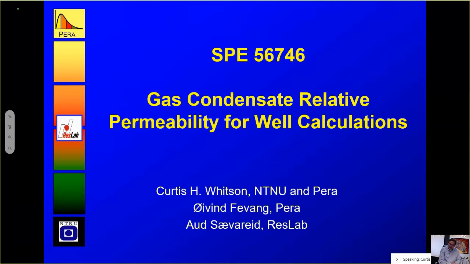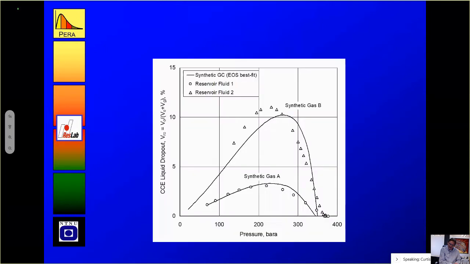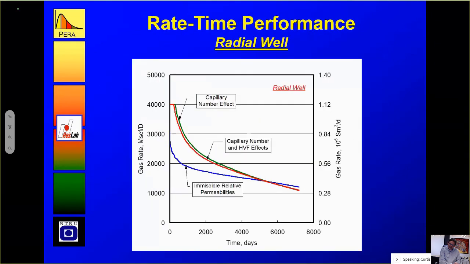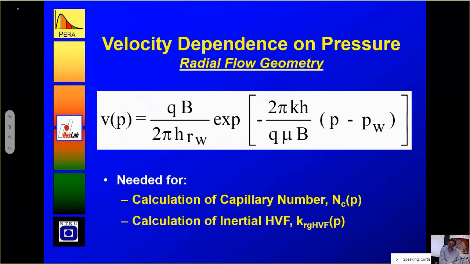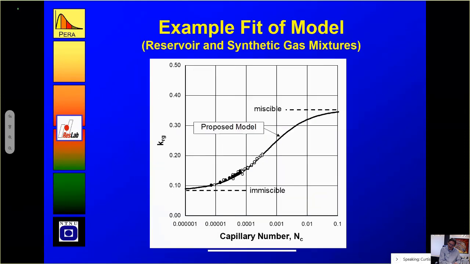Now, what I want to do first is just jump to some of the data examples that correlate with this relationship. So this is an example of some of the data that we measured, both on reservoir and synthetic gas mixtures on the same rock.